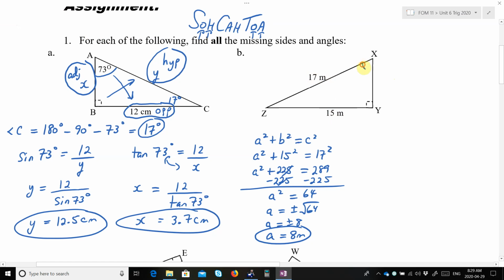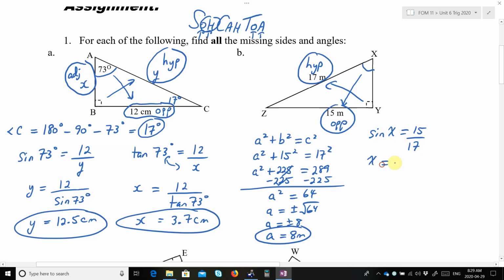Now, let's get angle X, and we'll use the sides that they give us. Right across here, this one is the opposite, and across from the 90 is the hypotenuse. So we're going to use opposite and hypotenuse, which comes from sine. So sine of X is equal to opposite divided by hypotenuse. And remember, to get an angle, you have to do sine inverse of the ratio.